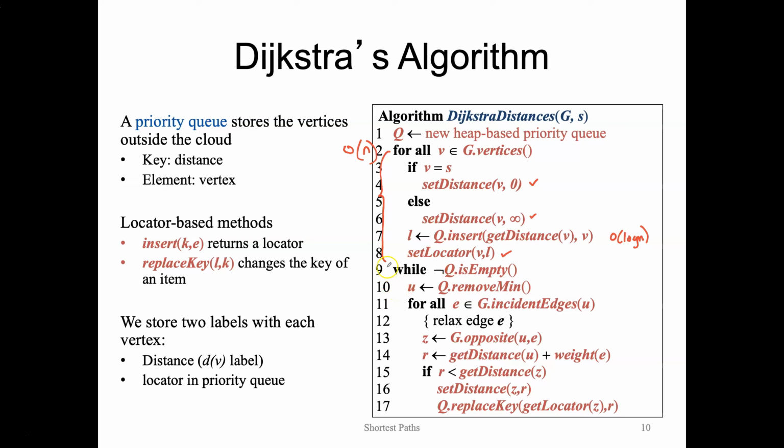So again, we have Big O of n iterations, exactly n iterations. And inside of this, we call this function remove min, so that we exactly remove that vertex that has the smallest distance label. But remember that this operation for a heap, just to call this one time, is log n.